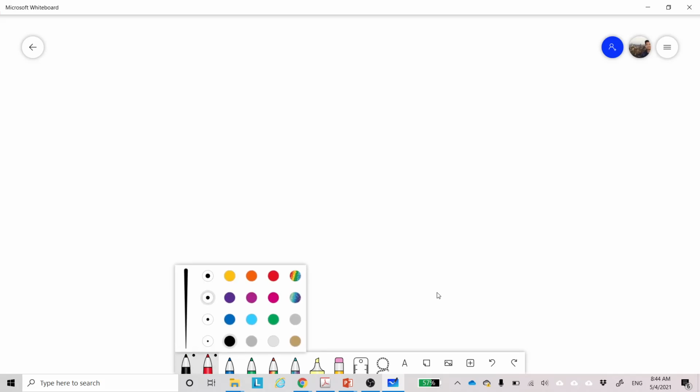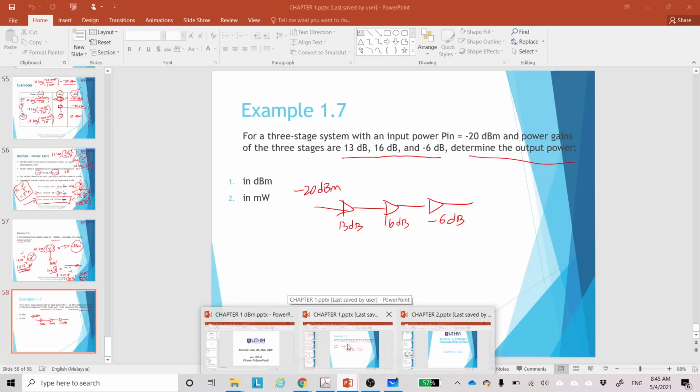So the question said that we have three cascaded amplifiers. I will draw the cascaded amplifier, this one. The question said that the gains are 13, 16, minus 6.